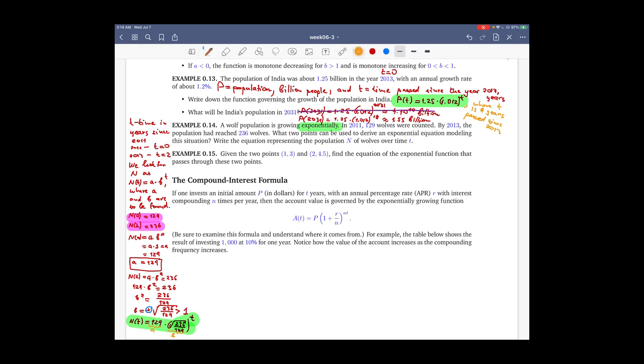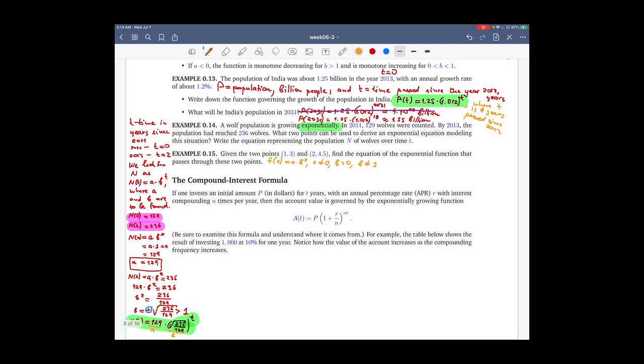If we look for that function in the form a times b to the power x, where a is non-zero, I apologize, b is positive and different from 1.